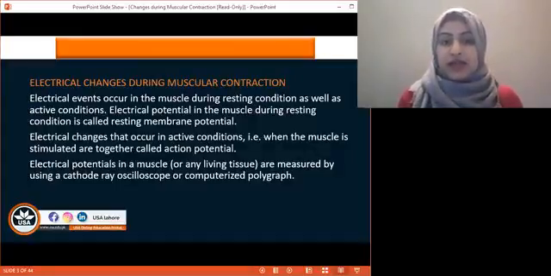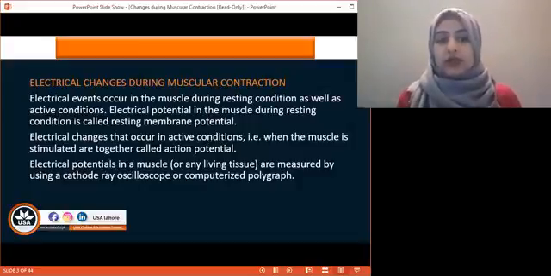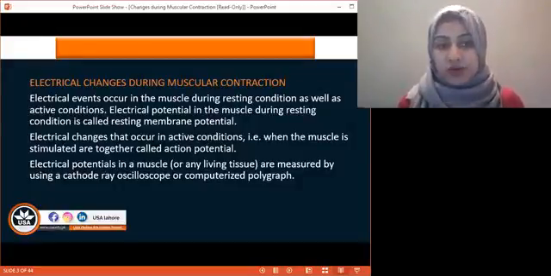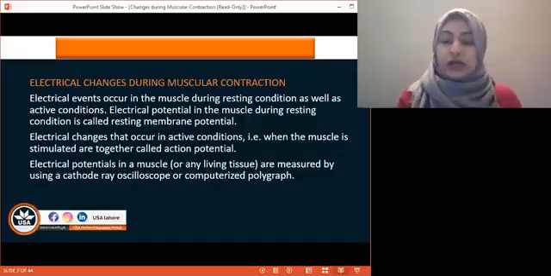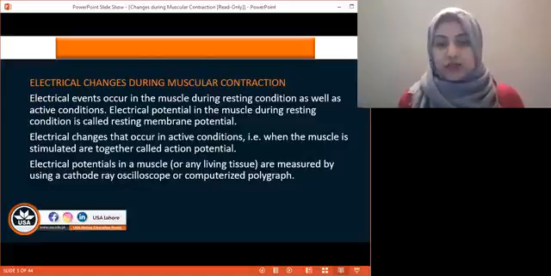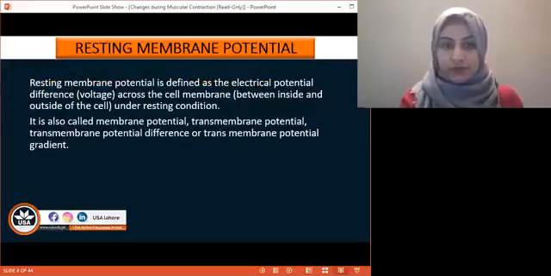And the electrical changes that occur when you are active, when you are trying to move or you are moving, when the muscle is stimulated, are known as action potential. Electrical potentials in muscle or any living tissue are measured by using a cathode ray oscilloscope or computerized polygraph.